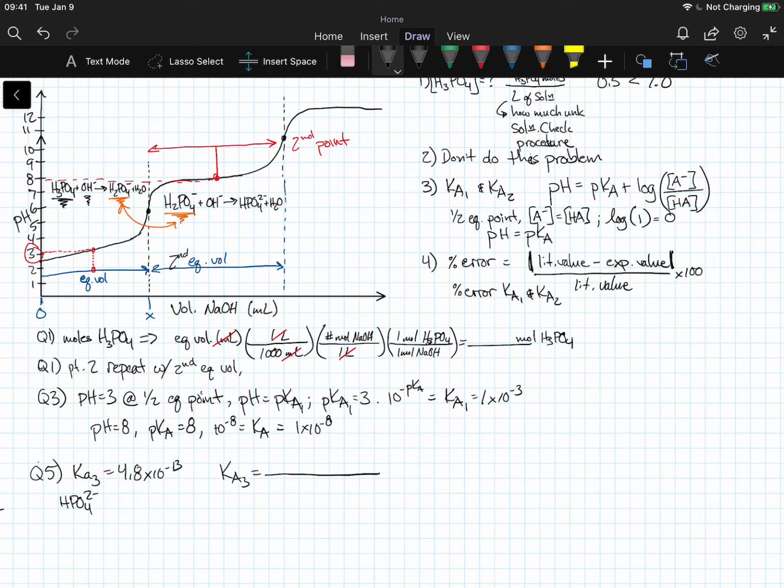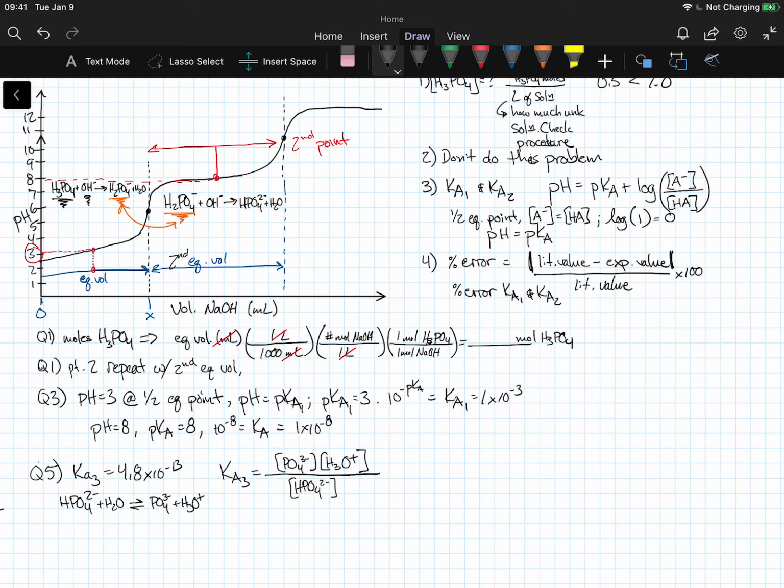HPO4 2- plus water will dissociate into PO4 3- and H3O+. So for the concentrations, the reactant is HPO4 2-, and on top is the PO4 3- and H3O+.